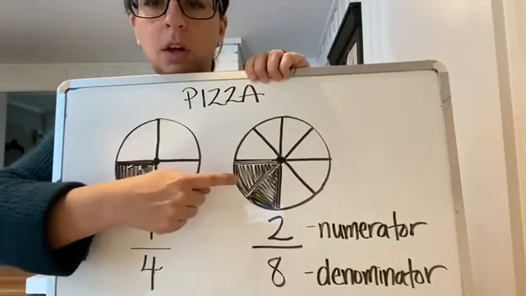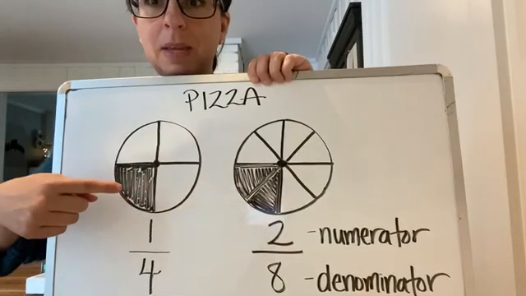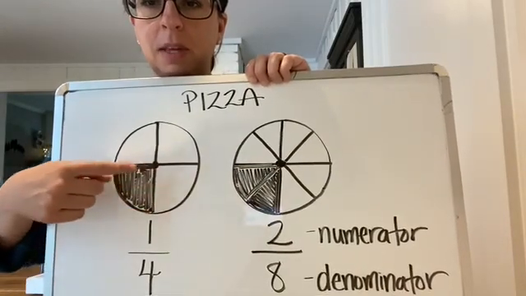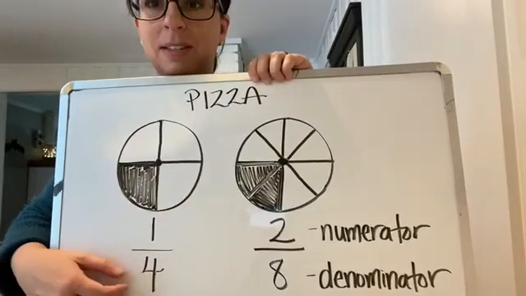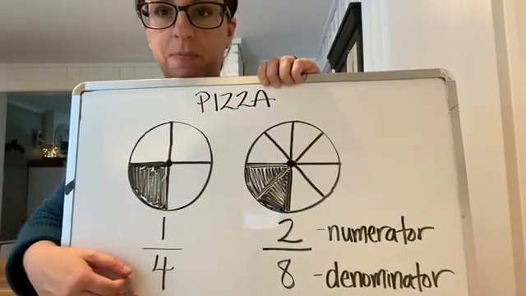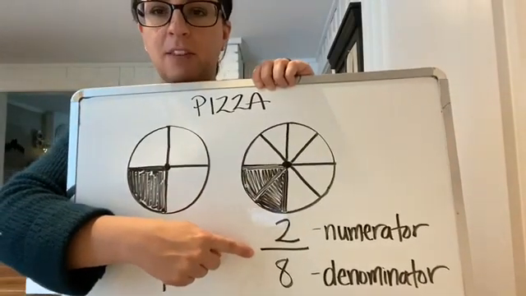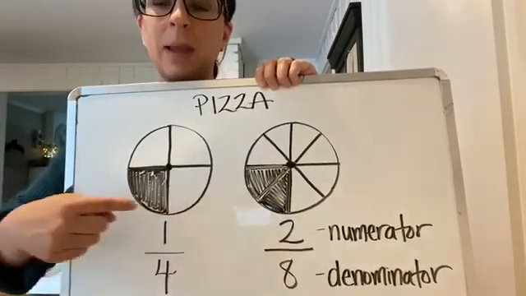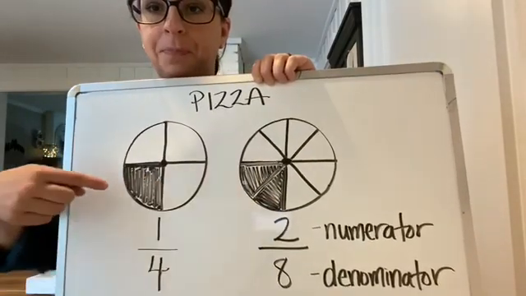But if you look at these eaten pieces, this pizza, 1 out of the 4 pieces has been eaten, okay? This pizza, 2 out of the 8 pieces have been eaten, but it's the same size. It's the same amount, okay?